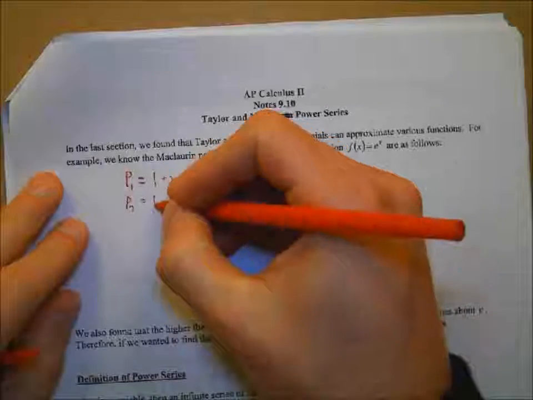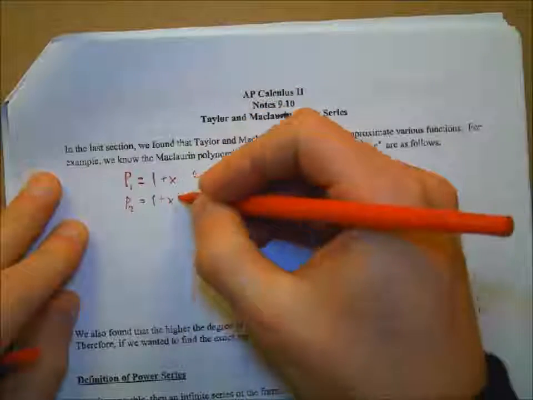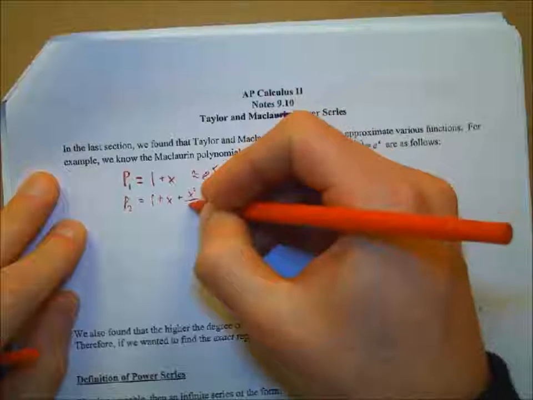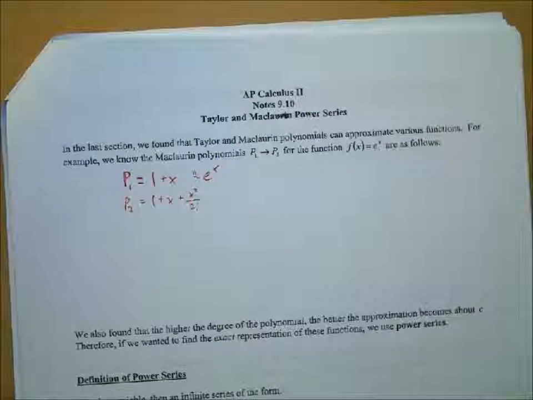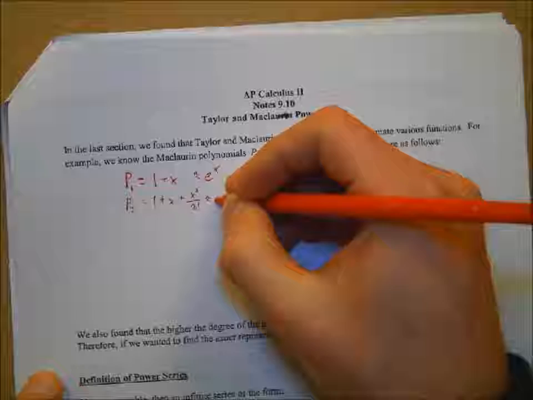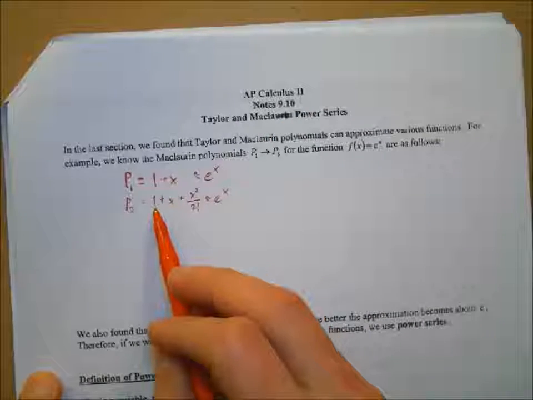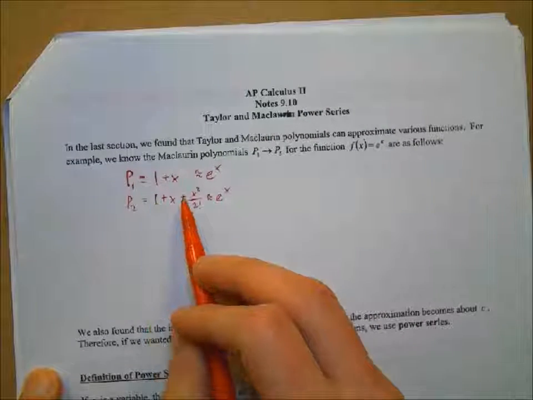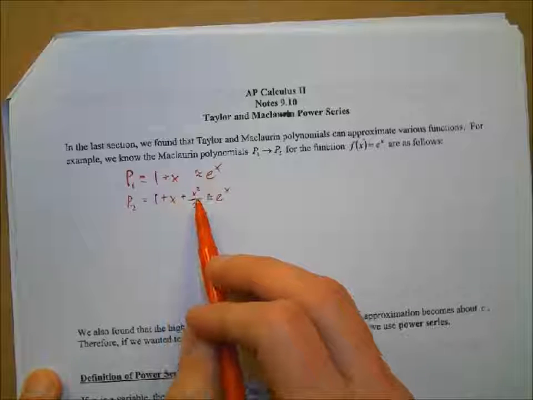That resulted in 1 plus x plus x squared over 2 factorial. That gave us a little bit better approximation. We not only matched the point at 0, we also matched the slope at 0, and we also matched the concavity at 0.